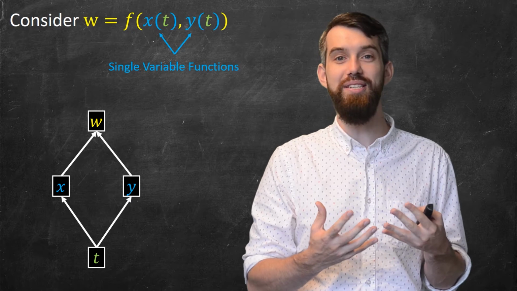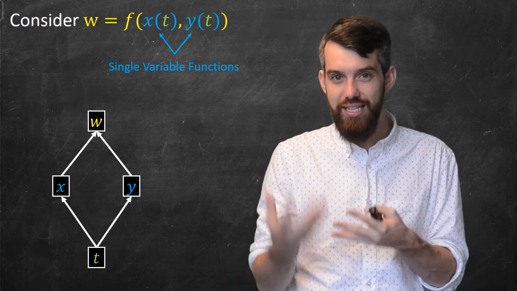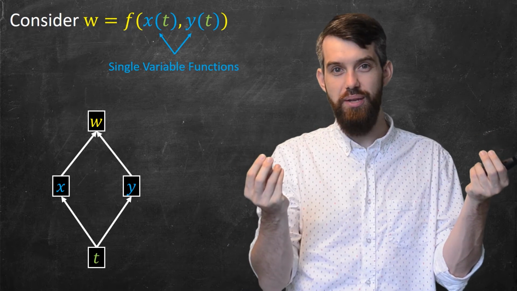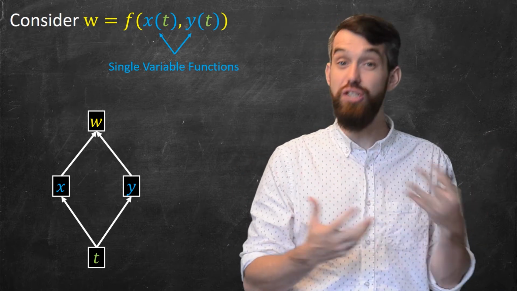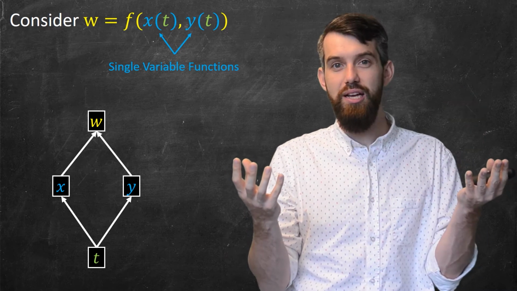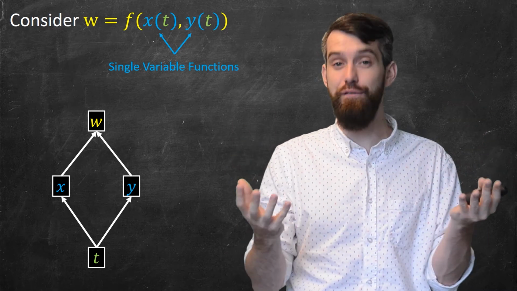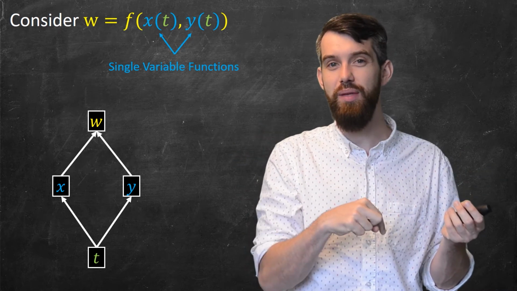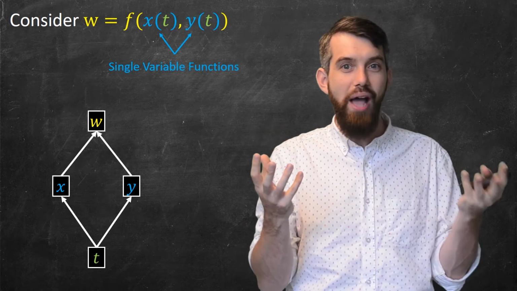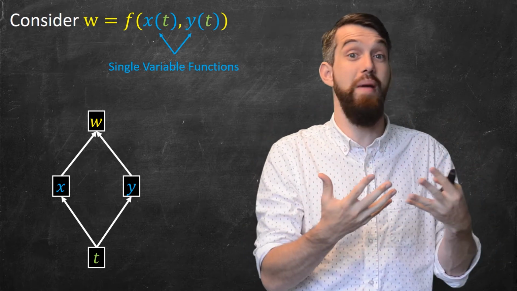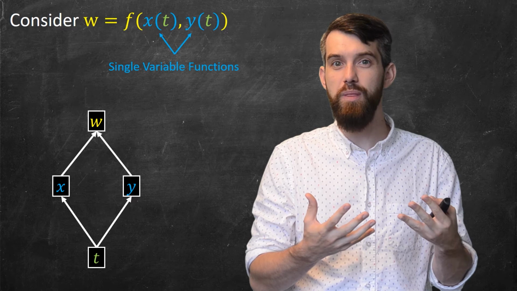And then as you change the value of t, the x depends on t and the y depends on t. So both of those are dependent variables that change based on the independent variable t. And finally, as the x and the y change, then the w is going to change as well because the w depends on the x and the y.